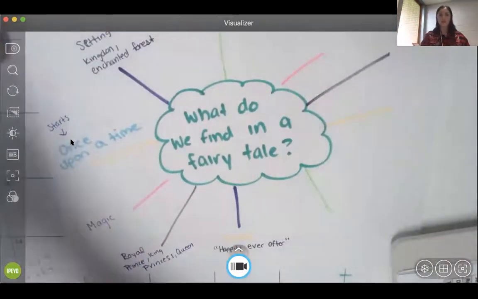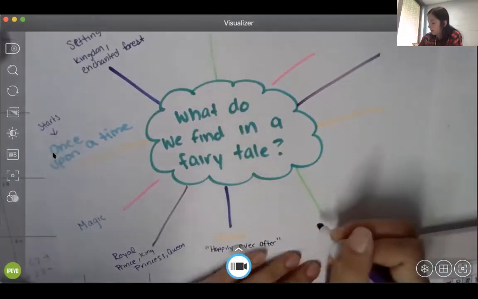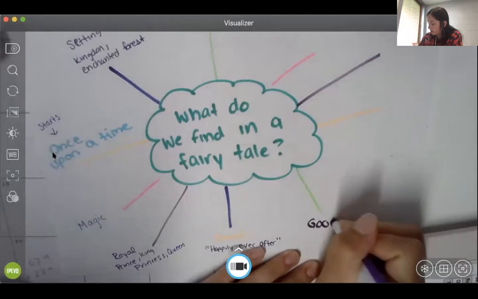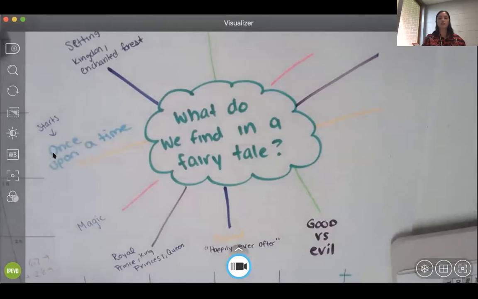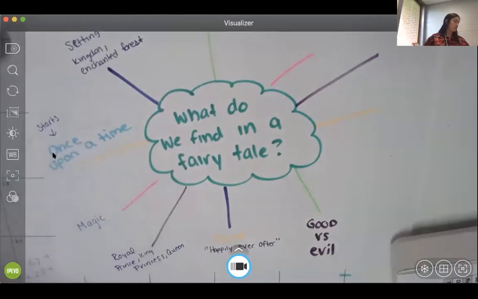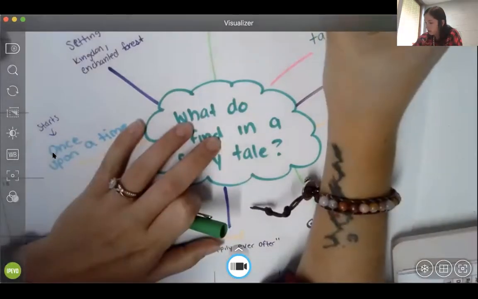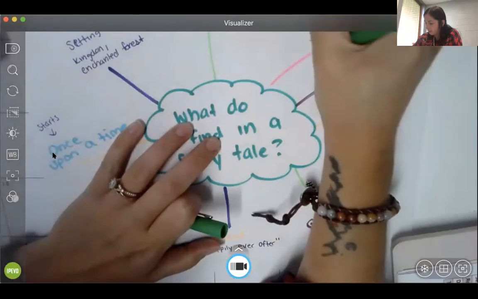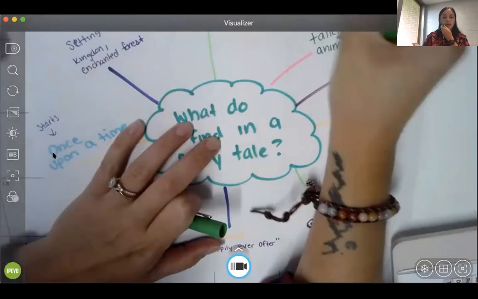You guys see this? A little hard to see, but I'll put it up. So one thing that can happen is good versus evil. So Cinderella versus her stepsisters or her stepmom. Sometimes it's made up, so sometimes we have talking animals. Talking animals is one.